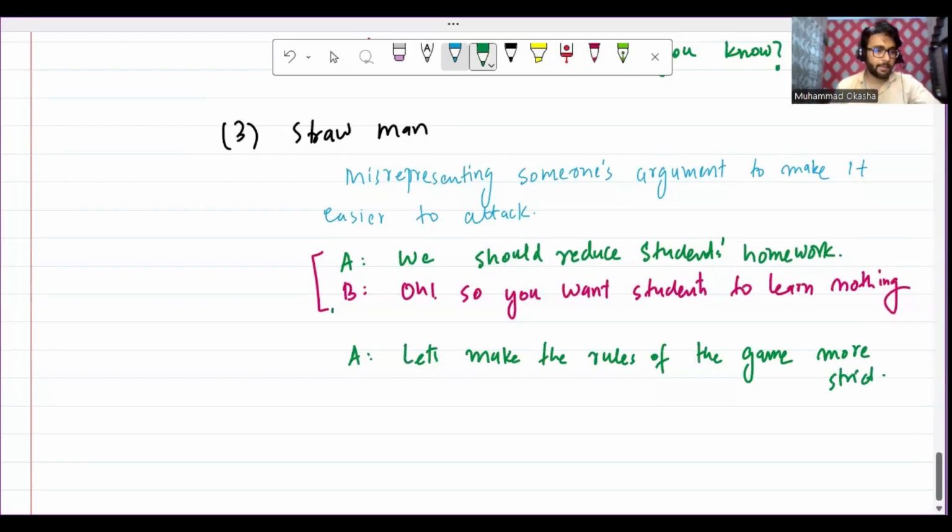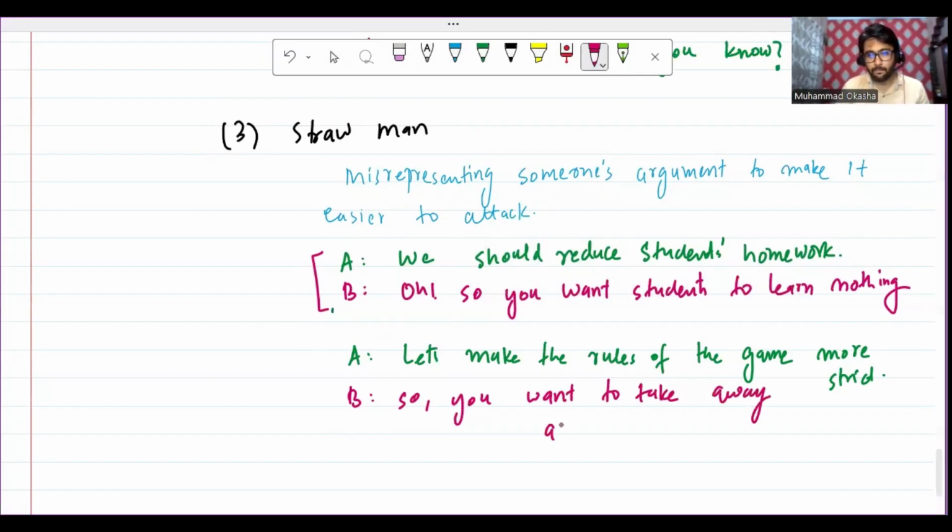For example, they're playing a game and somebody says, well, let's make the rules of the game more strict. And person B says, oh, so you want to take away all the fun from the game, right? So you want to take away all the fun, right?